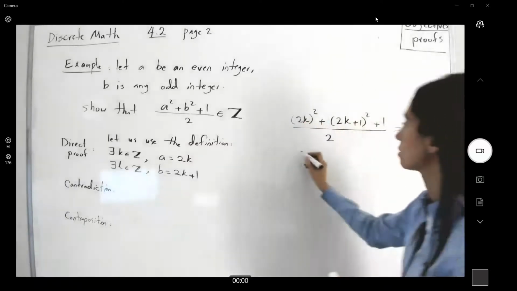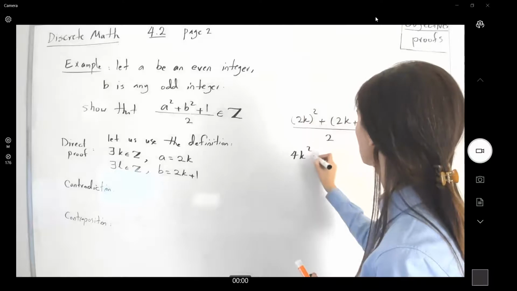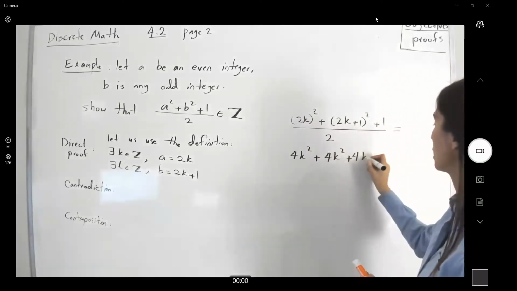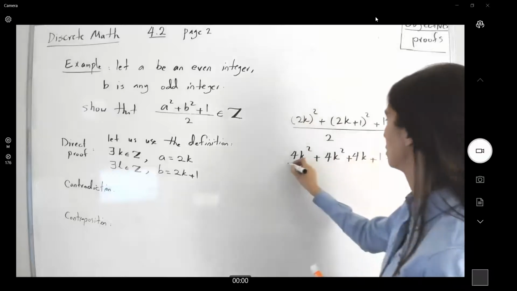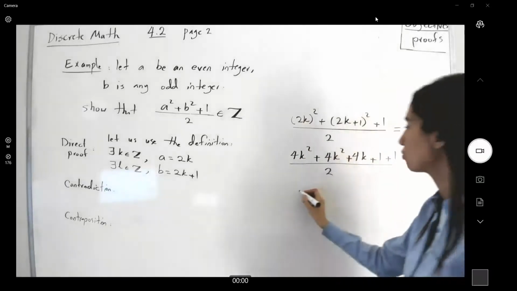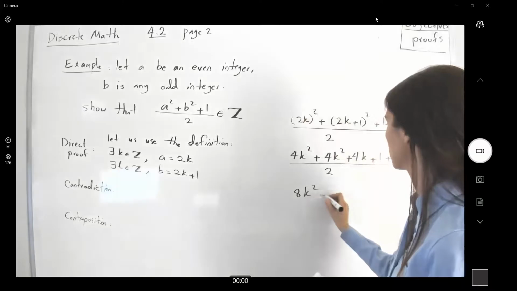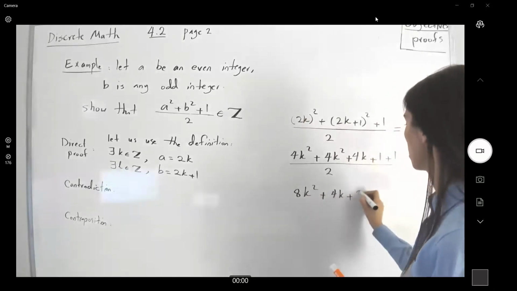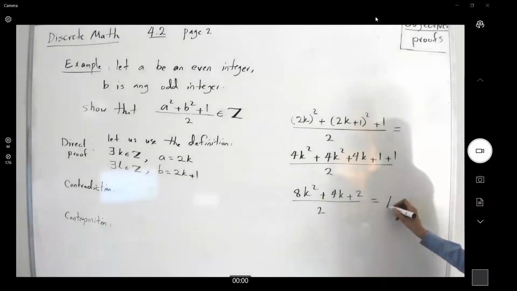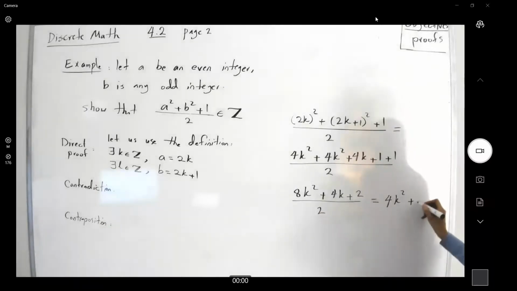Very well. So I have 4K squared plus 4L squared plus 4L plus 1 plus 1, which gives 4K squared plus 4L squared plus 4L plus 2, divided by 2, which can be simplified into 2K squared plus 2L squared plus 2L plus 1.